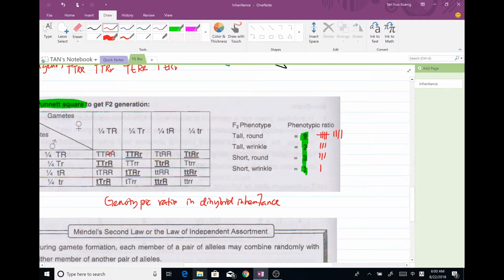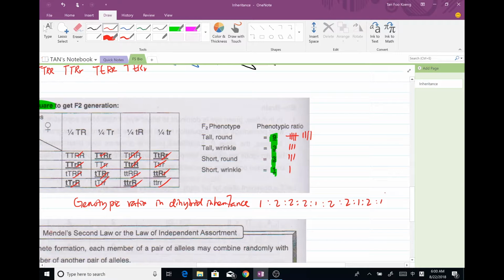So you have 1:2:2:4:2:1:2:1... I guess this type of question will most likely not come out in examination.